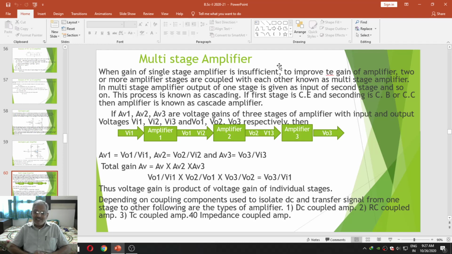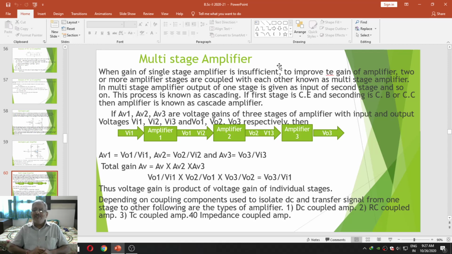Friends, we are well aware that voltage gain is defined as output voltage upon input voltage. If this is not sufficient for a single stage amplifier, then the concept of coupling, the concept of cascading, is used to generate the multi-stage amplifier.